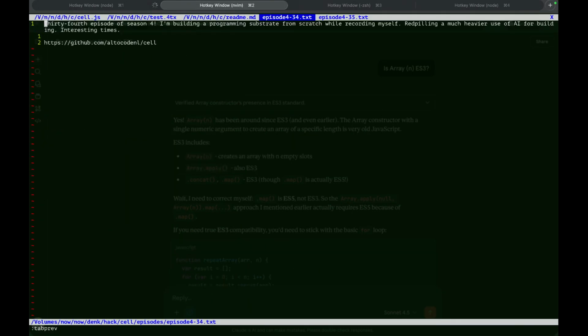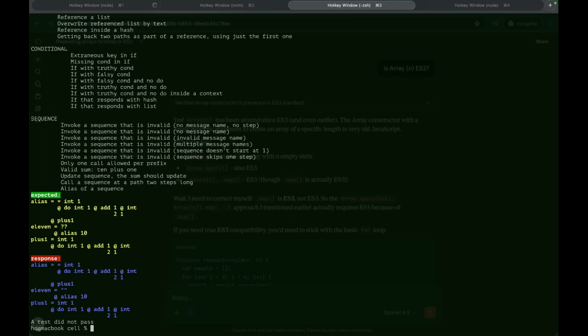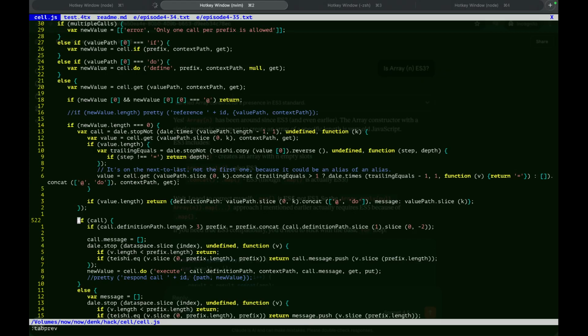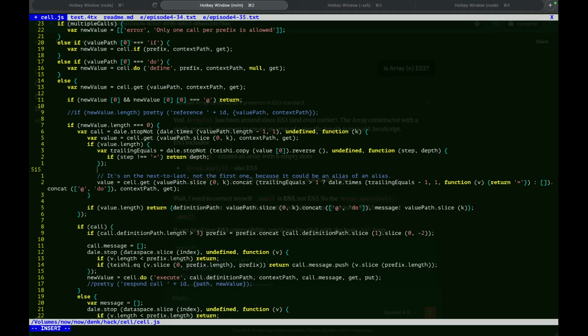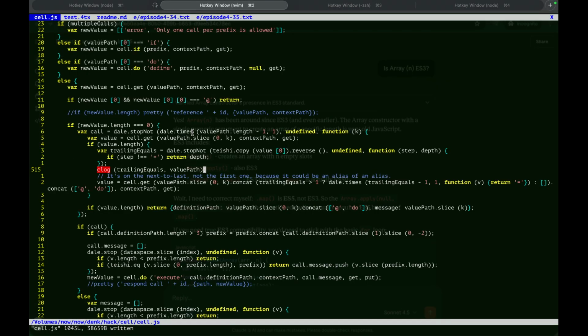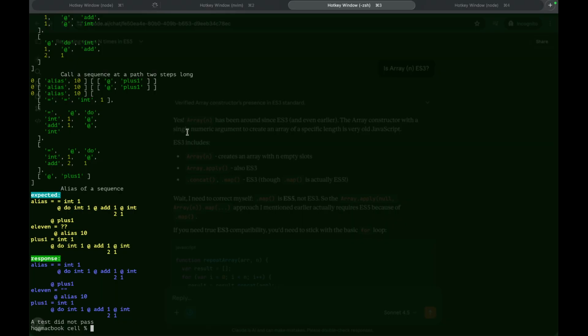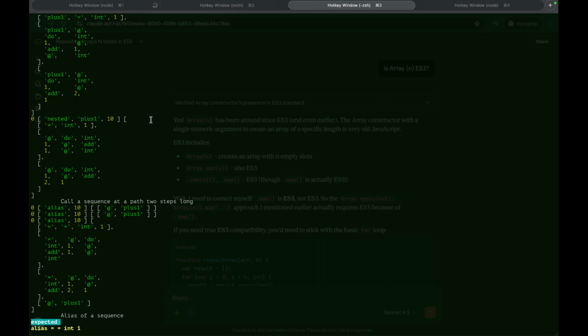So the alias, no way, it didn't work, because what was the test trying to do? So look at this. Equal, right?